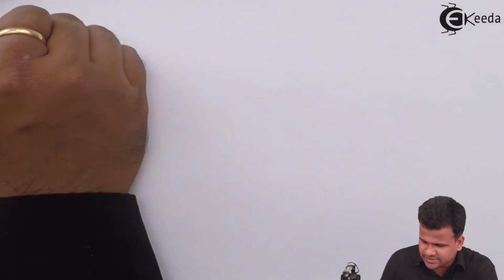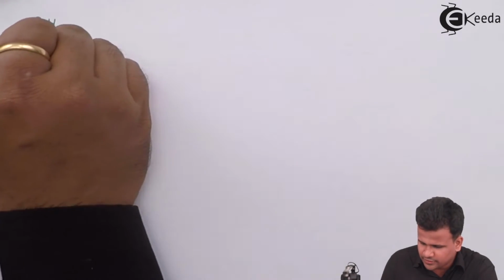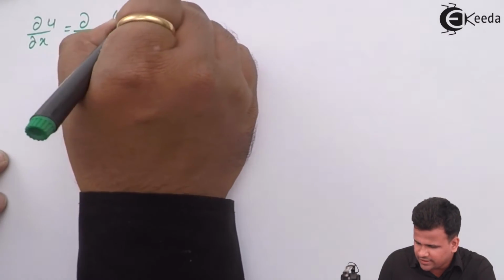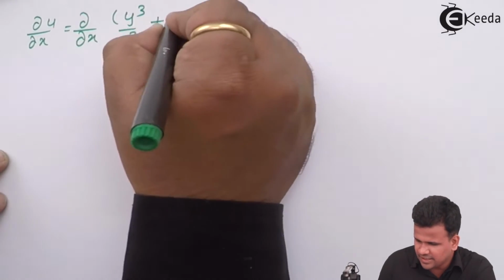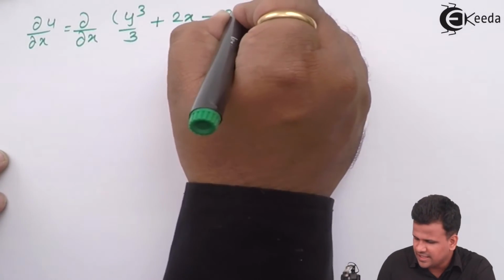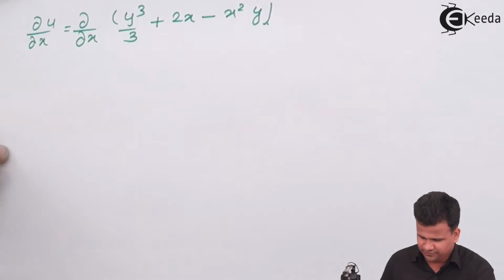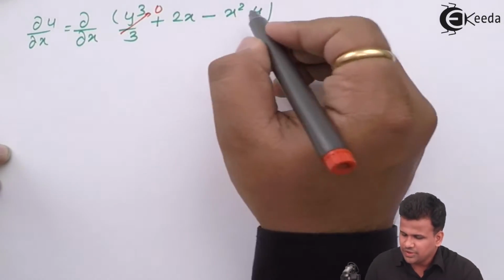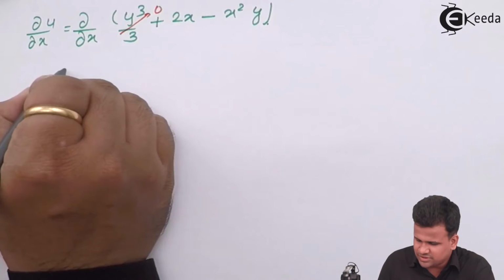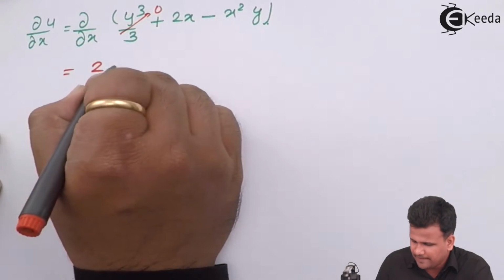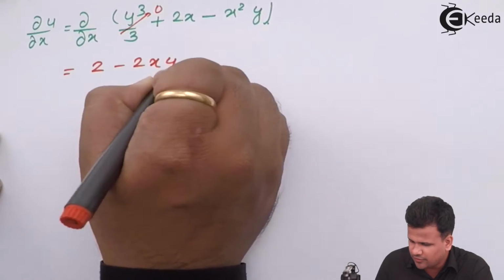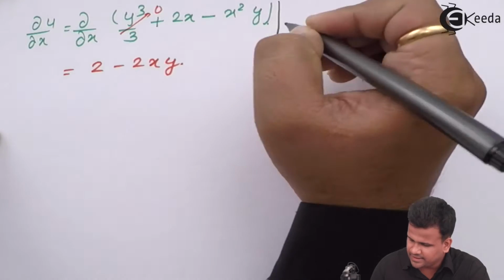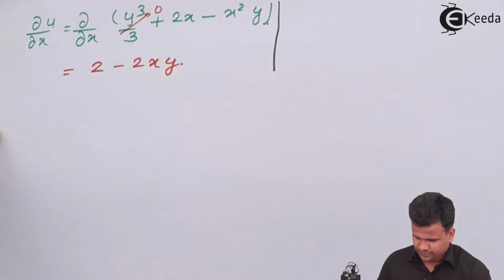Dou u by dou x is dou by dou x of y cube by 3 plus 2x minus x square y. If you differentiate this, the first part will be 0, the second part will be 2, and the third part will be 2xy. So this gives us 2 minus 2xy.